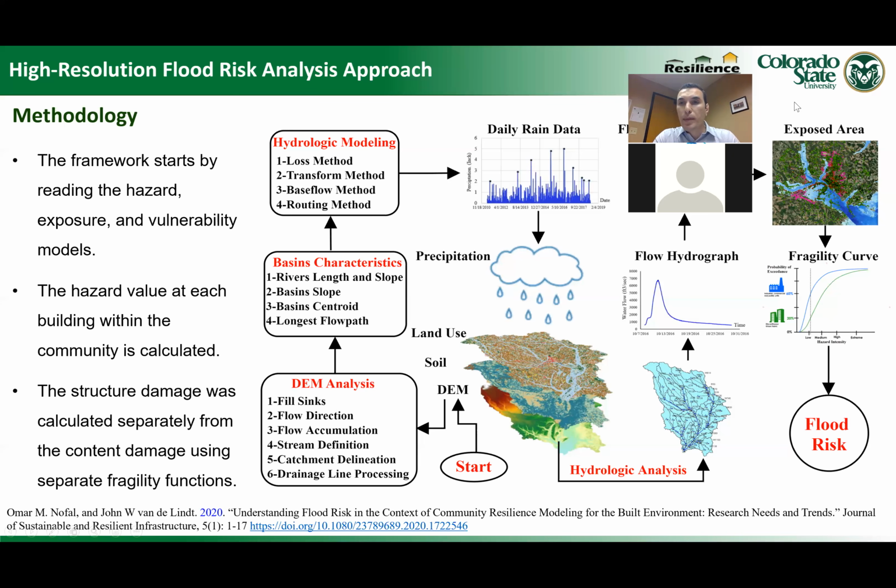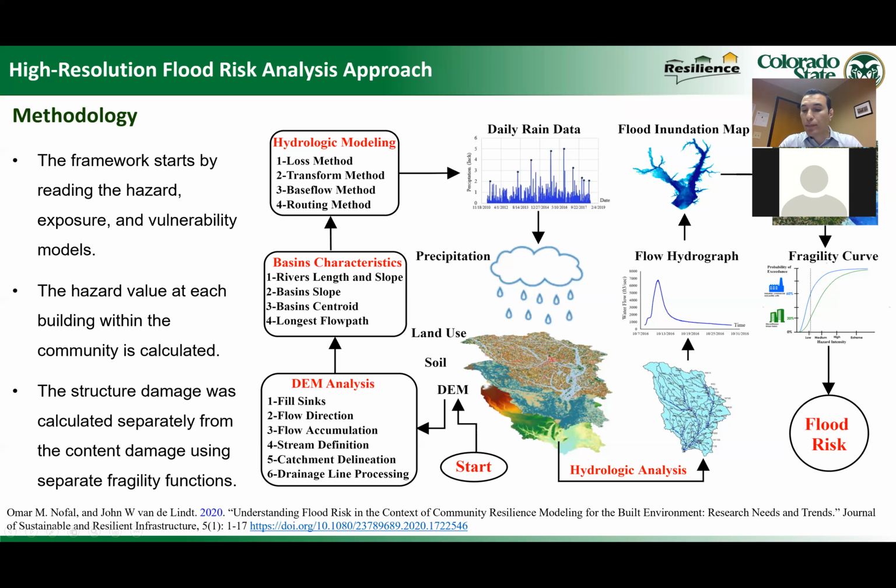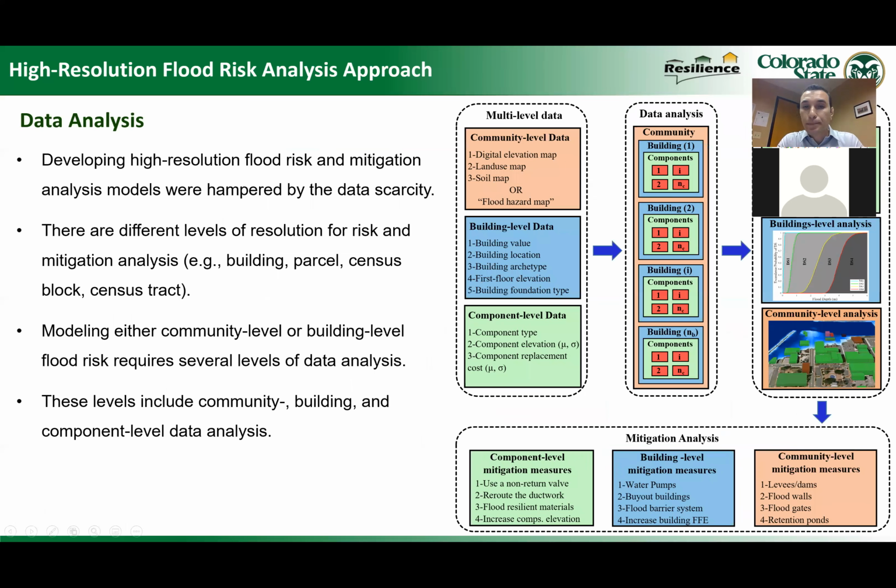So let's now go and see what data analysis is included in this research. Developing high resolution models for flood risk and mitigation has been hampered by data scarcity, because there isn't much data about the floods themselves, or even the buildings themselves.